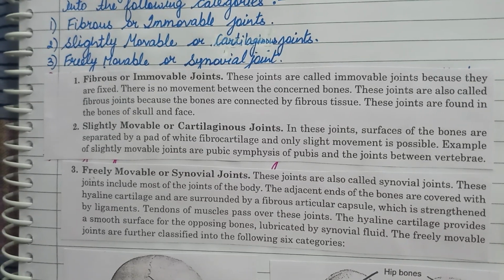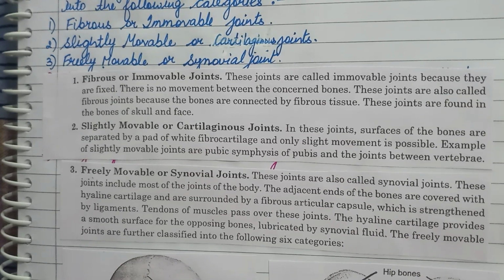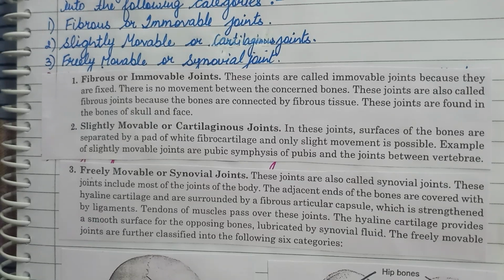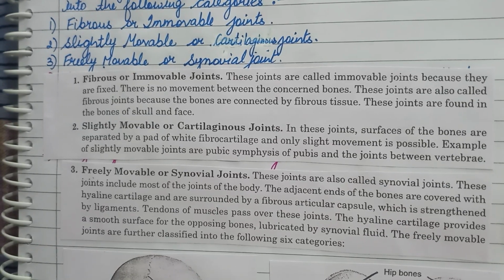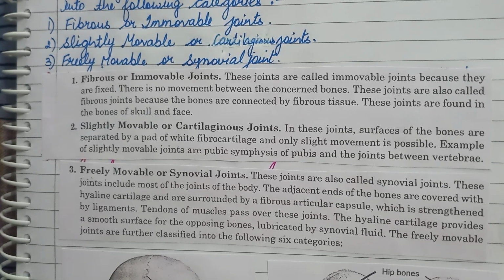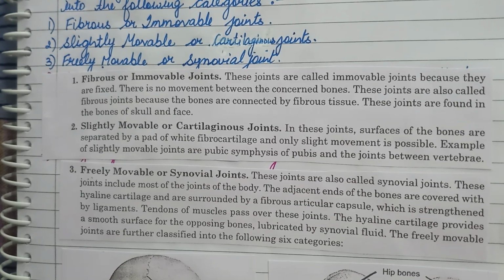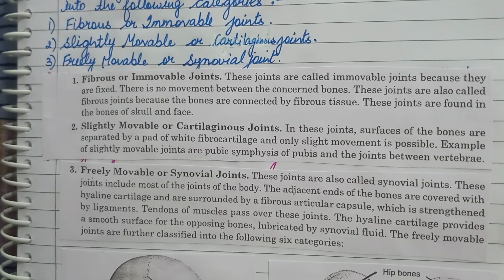Tendons of muscles pass over these joints. The hyaline cartilage provides a smooth surface for the opposing bones, lubricated by synovial fluid. The freely movable joints are further classified into 6 categories.